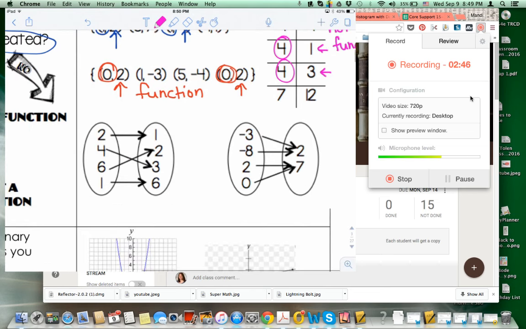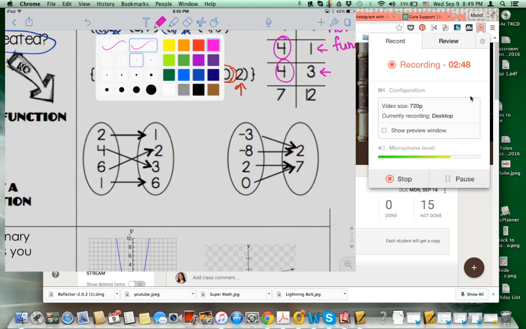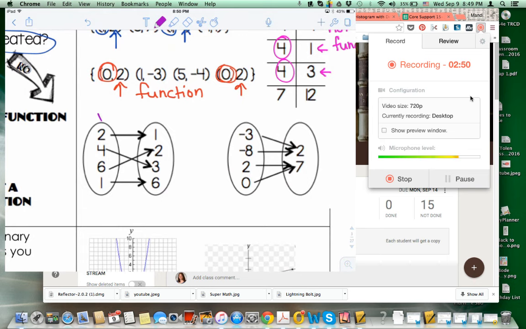Okay, these are function maps. They work just like a table works. You have an x and a y. So the left side is just your x, and then the other side with the arrow pointing is the y that you would have in a table. So 2 has one answer, 4 has one answer, 6 has one output, and 1 has one output.